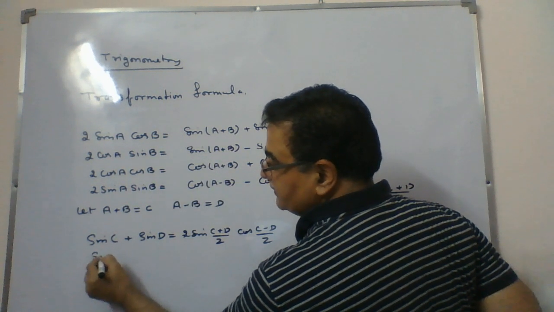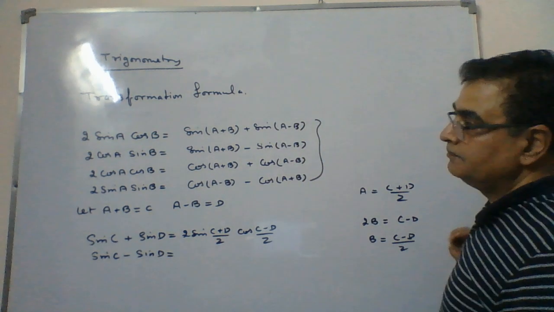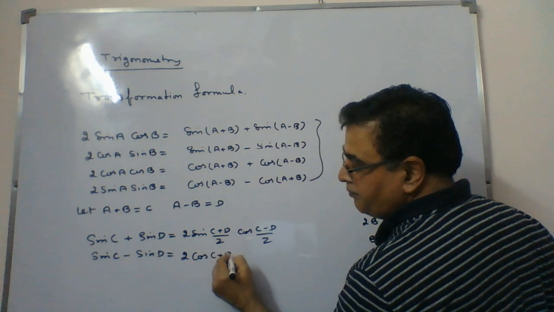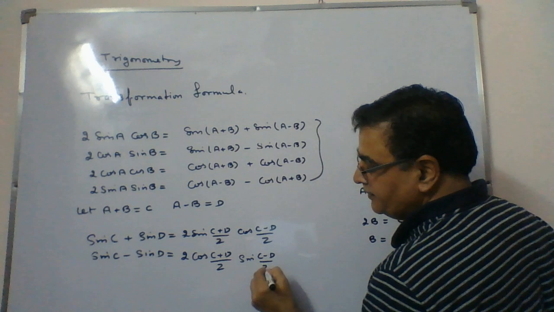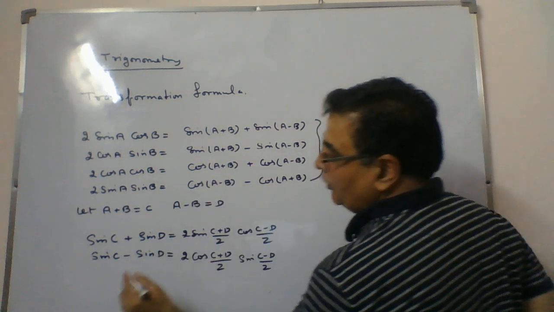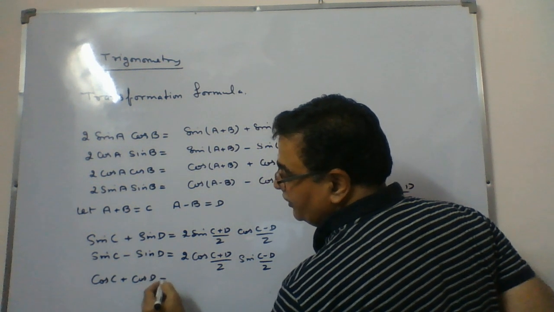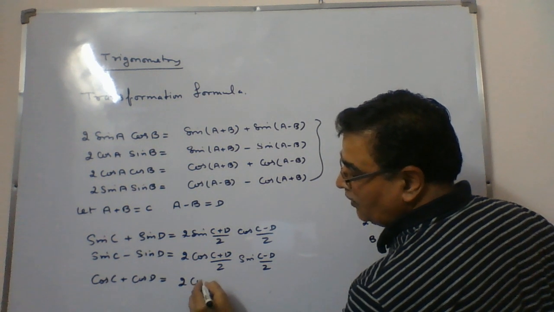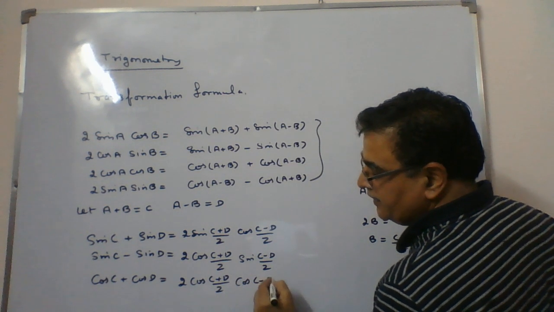Second formula says sine C minus sine of D. In this case, it will come 2 cos C plus D by 2 and then sine C minus D by 2. This is the formula. Then comes cos C plus cos D, and this time the formula says 2 cos C plus D by 2 cos C minus D by 2.